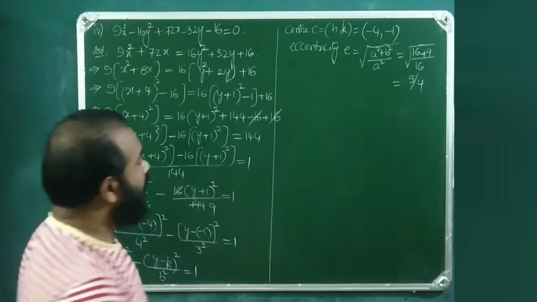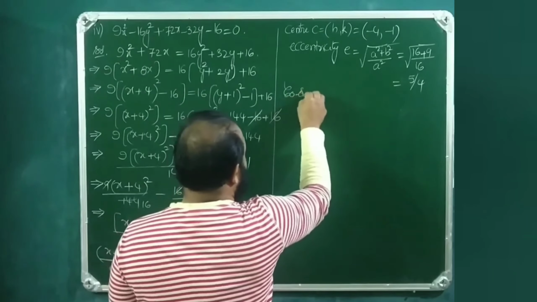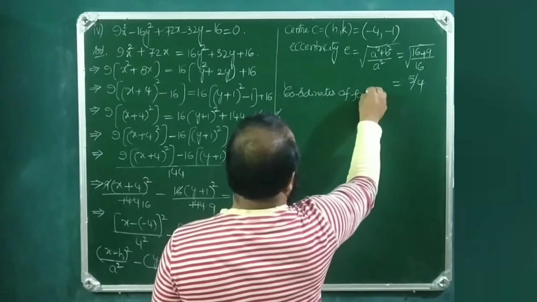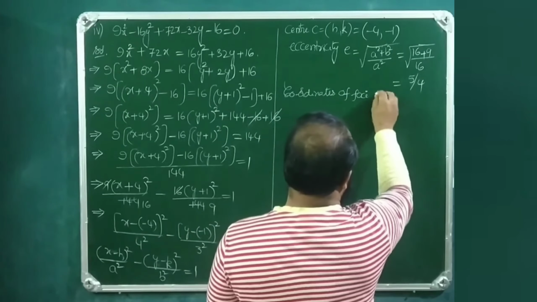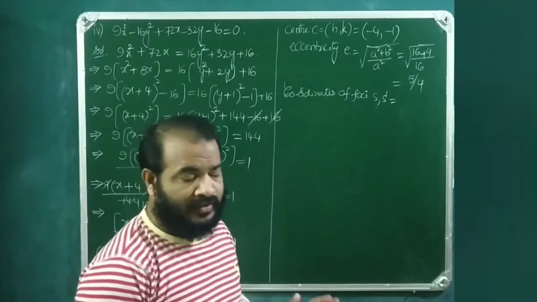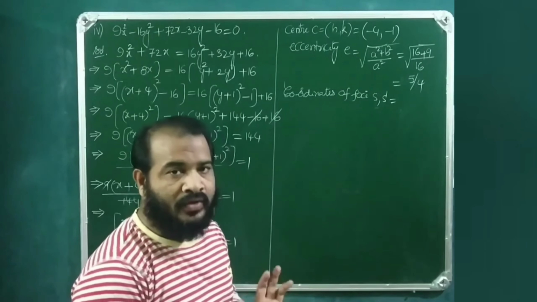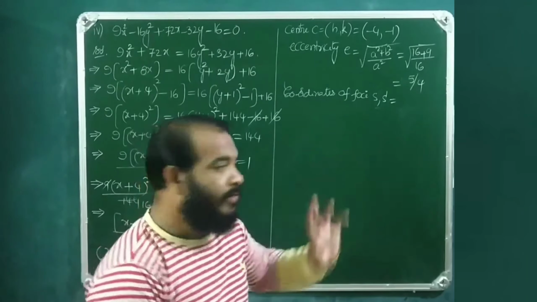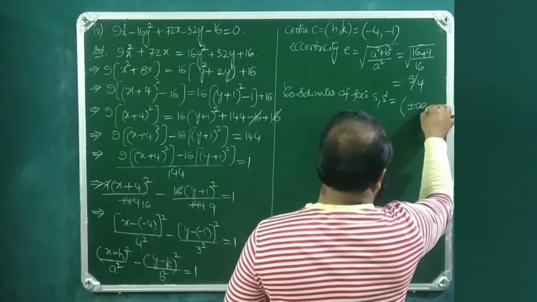Now, the coordinates of foci, S comma S dash. For the hyperbola x square by a square minus y square by b square equals 1, whose center is at the origin, it is plus or minus ae comma 0.